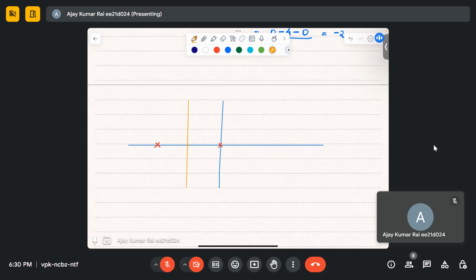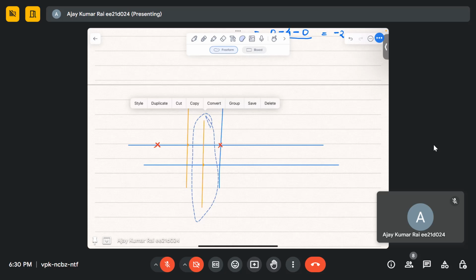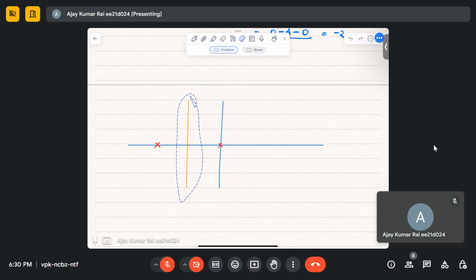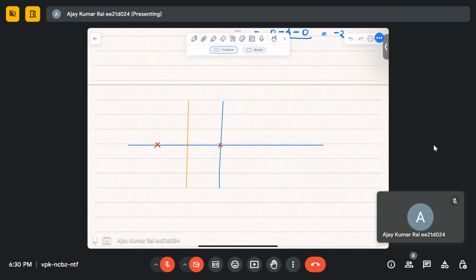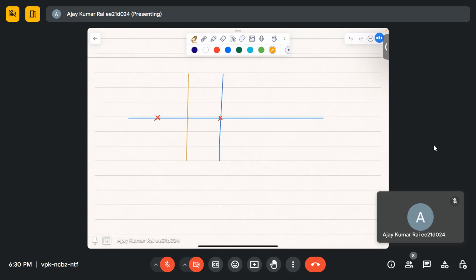This is the asymptote. This point is minus 2.